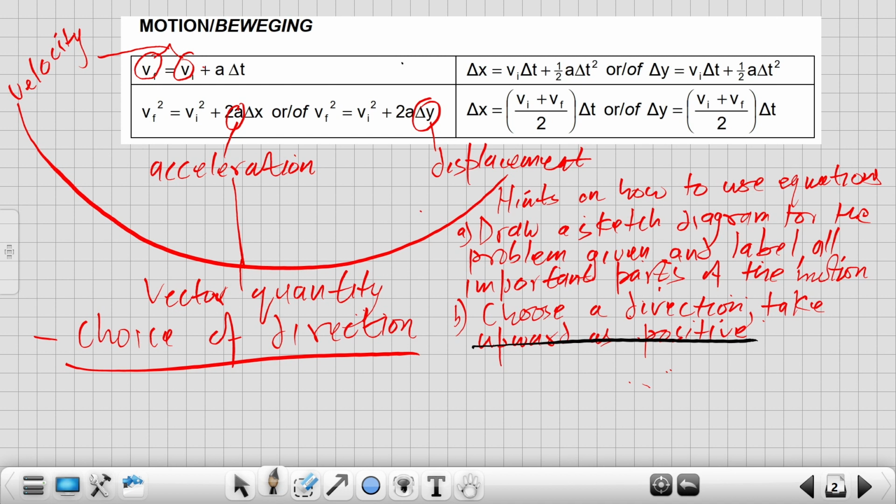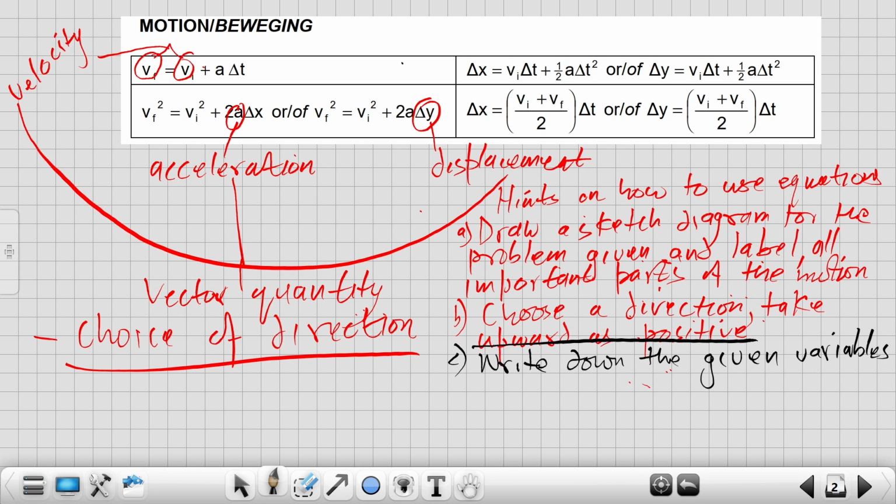So at C, for the equations, write down the given variables. Writing down the given variables, you will identify your v final, your v initial, your acceleration, and t.